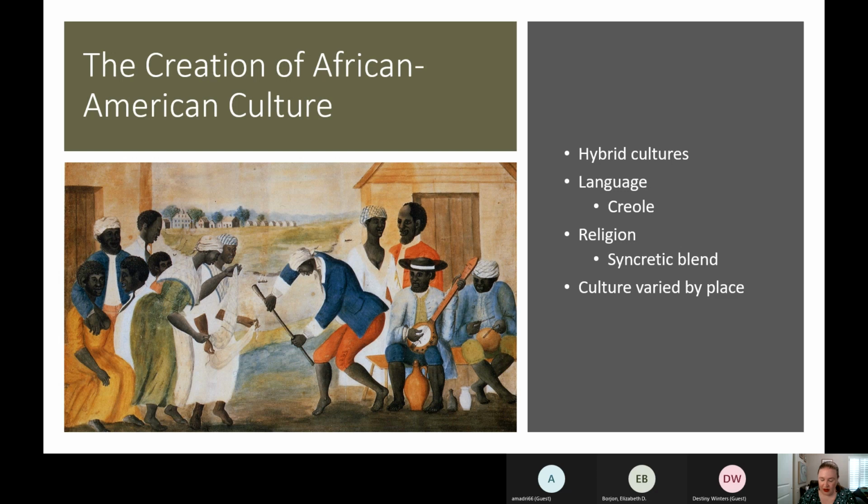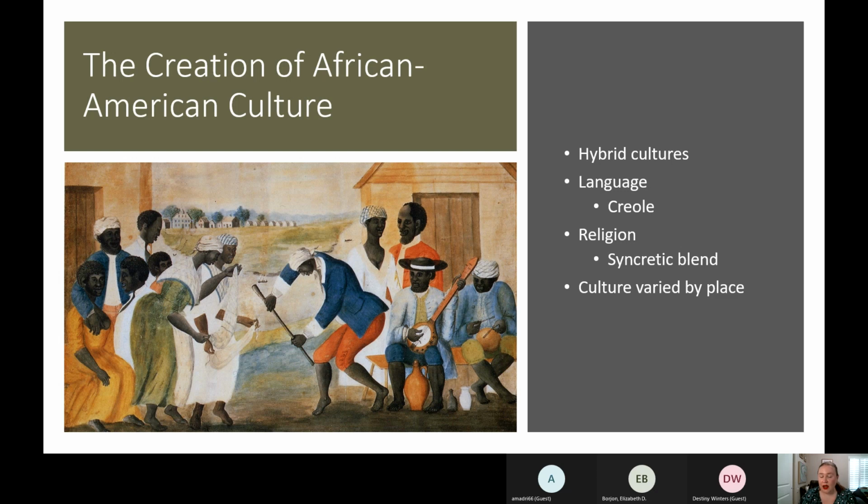So as they get over here, many of them were encouraged to embrace Christianity by their masters, but a lot of them blended Christianity with other religious traditions. In some cases, this means that they might identify Christian saints with African gods.